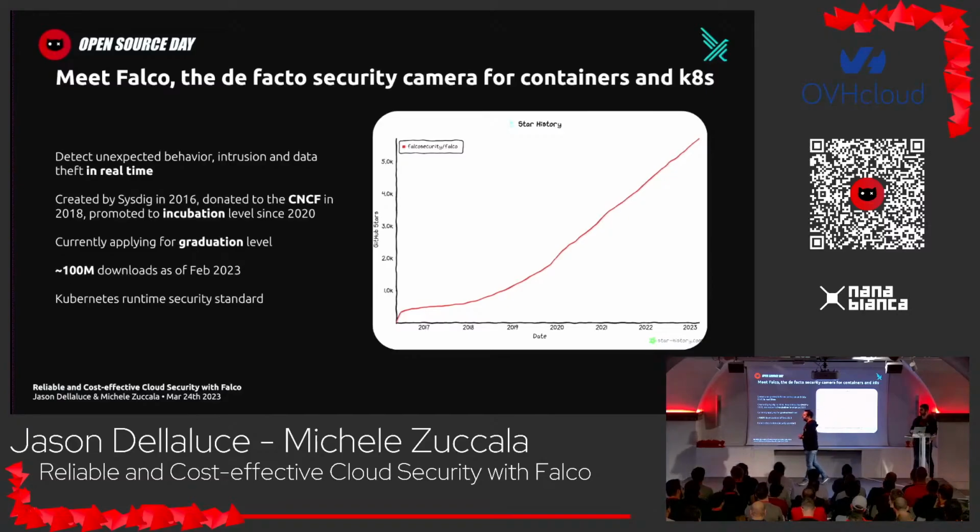Talking about adoption and usage, this is kind of tricky because we are running a security tool, so we don't want to build any telemetry into it. Measuring how many users actually run Falco on their own premises is tricky.